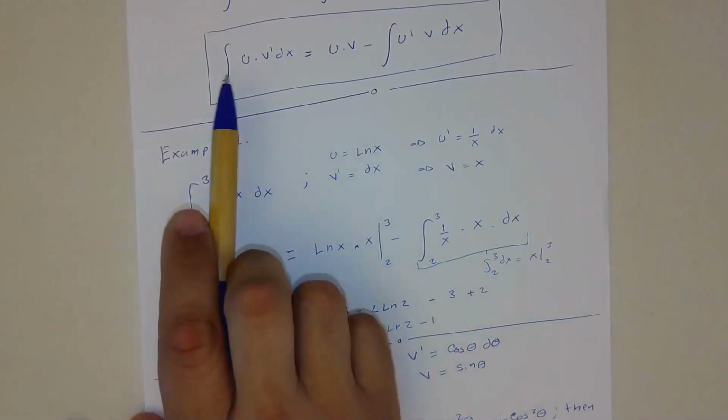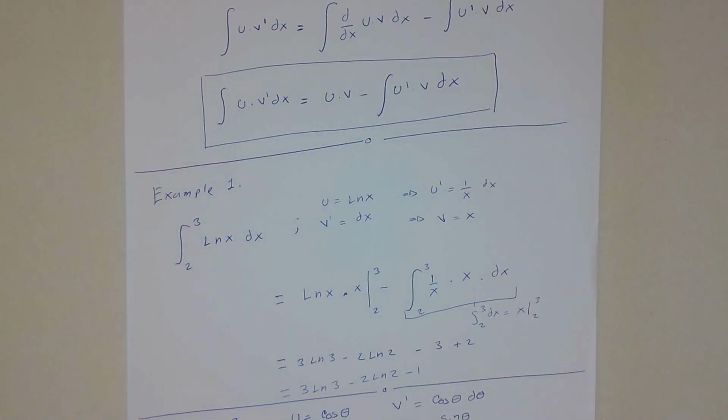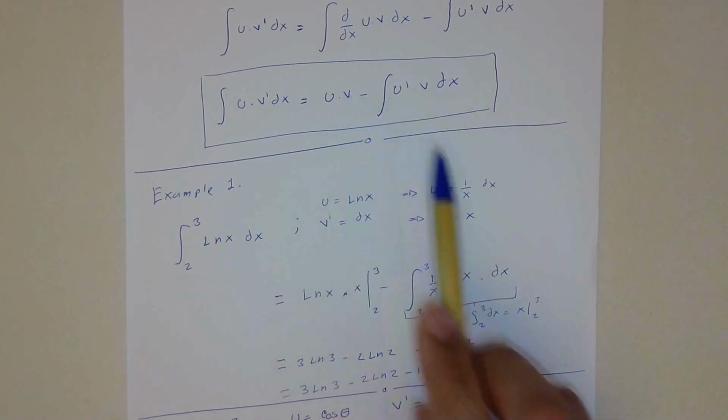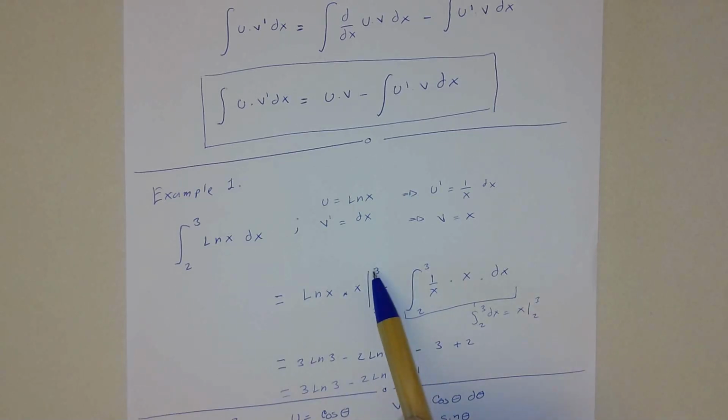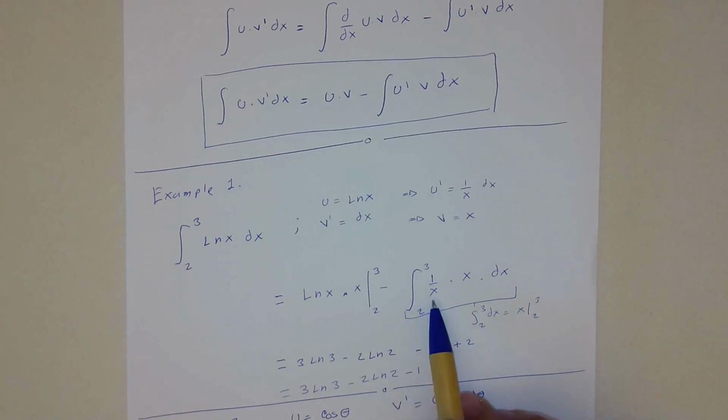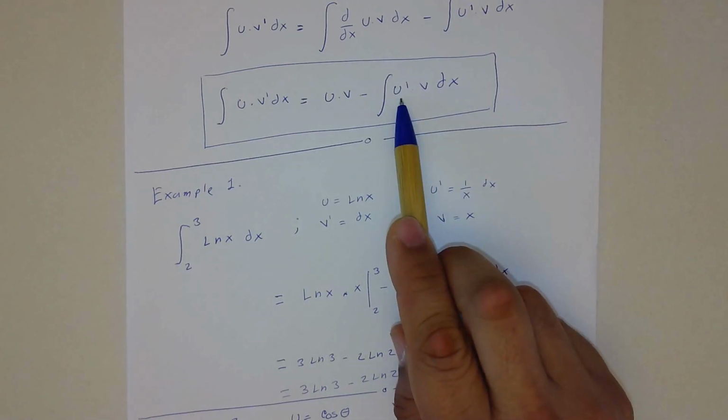So substituting in the formula, we will have that u is the logarithm of x multiplied by v, which is x, right? And we have to evaluate this between 3 and 2, minus the integral of the derivative of u.